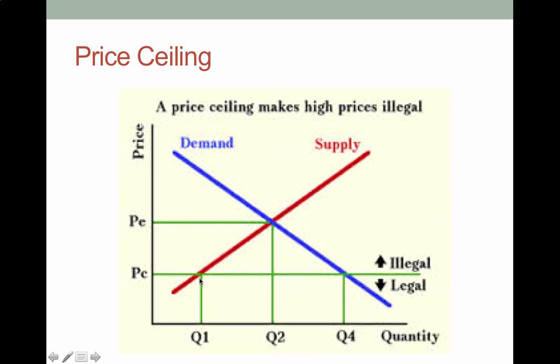This is a price ceiling. Once again, here's the equilibrium. If the government stays out of it, it will eventually work its way to this point.